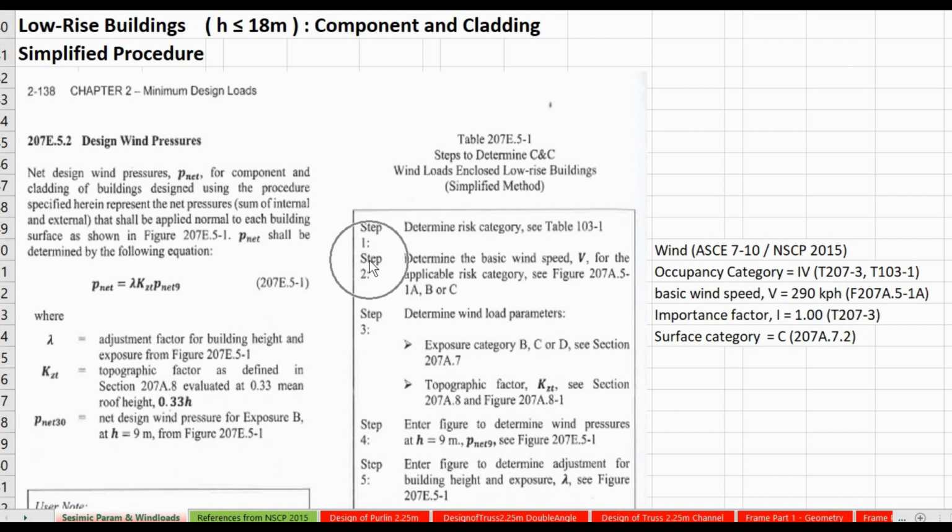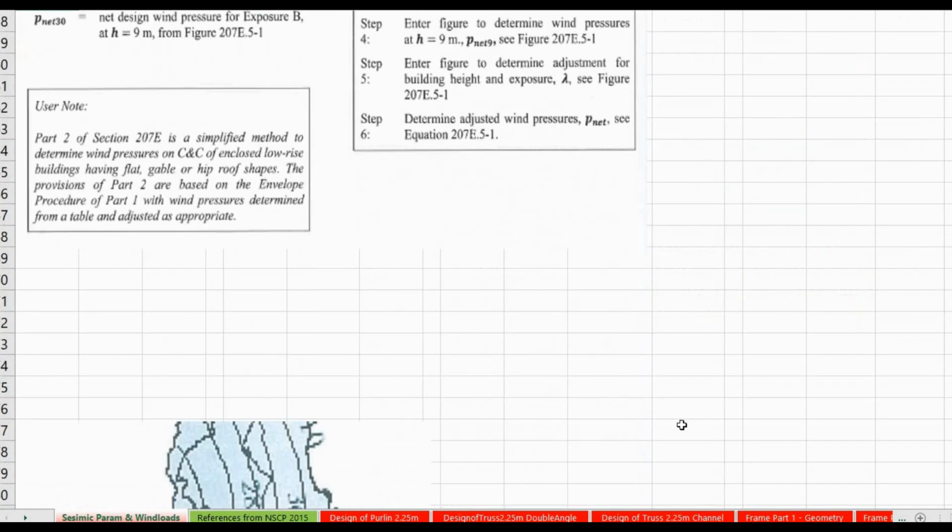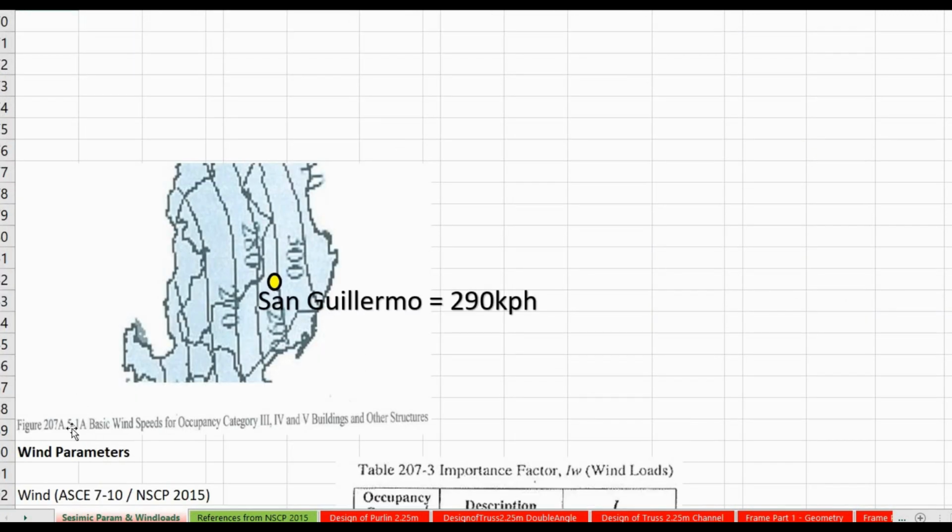And then, step 2, determine the basic wind speed V. Now, using this map, figure 207A.5-1A, ang location po ng building ay nasa 290 kph na zone. Ito po.